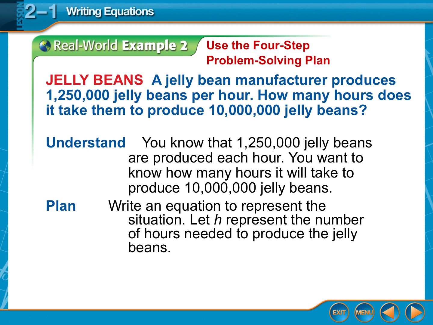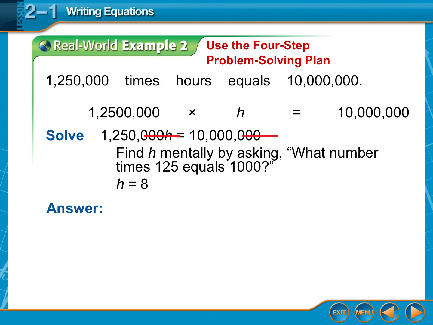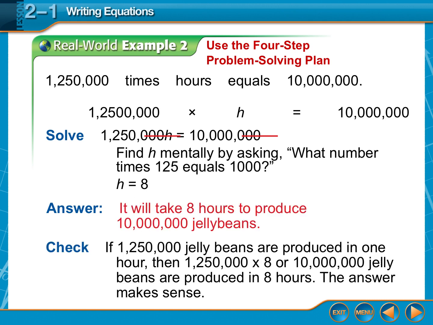It's per hour, right? So we can write it as it makes this many per hour. I'm going to put an x for each hour, and then equal to 10 million. So now we just got to solve for x. How do we solve for x? You divide by 1,250,000, which is what they did here. And that is how they got 8.